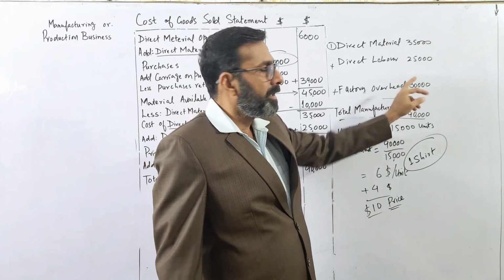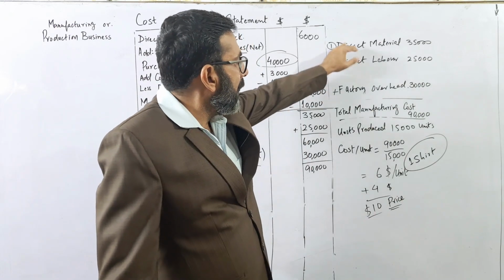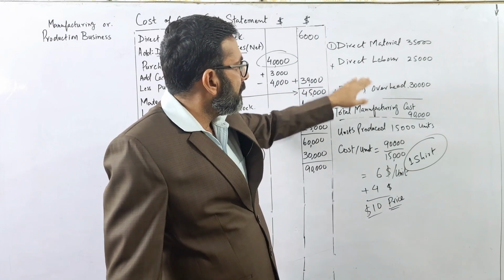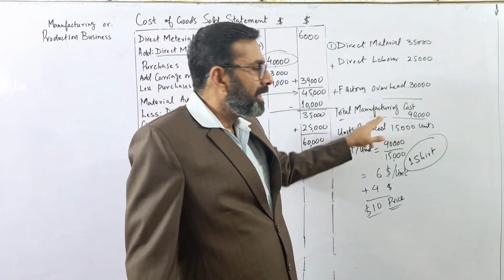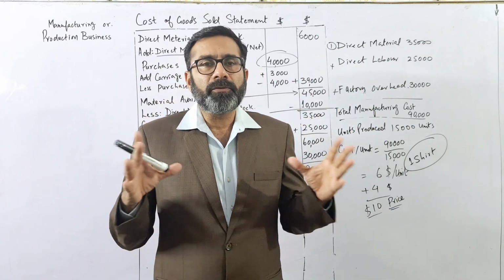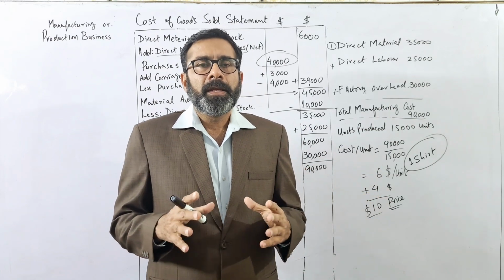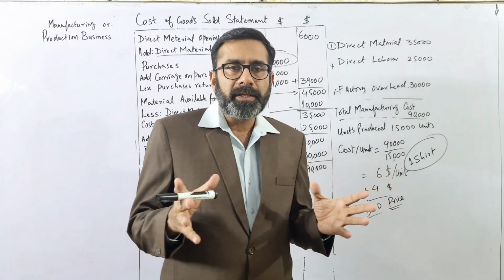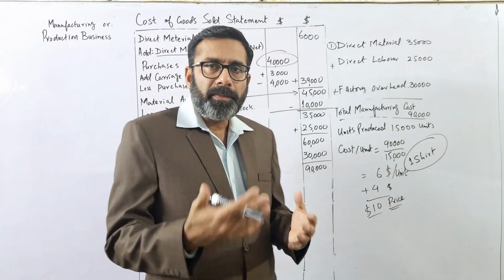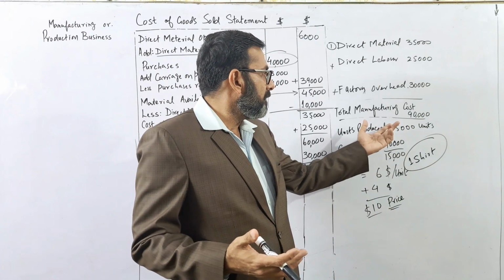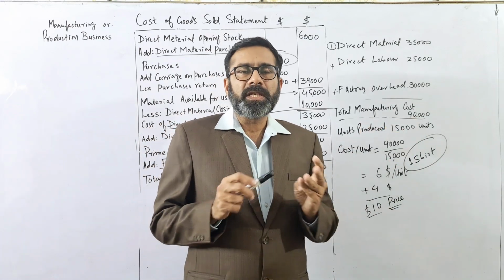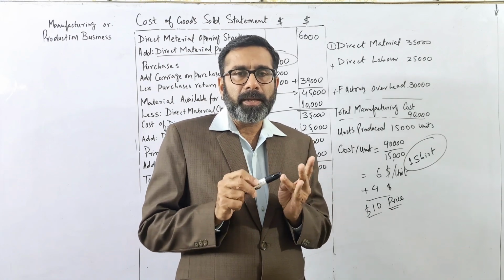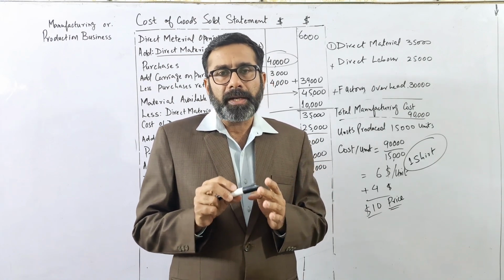Then the factory overhead cost is 30,000. If we add the three items, the direct material, direct labor and the factory overhead, we get the total manufacturing cost. To produce these units in the manufacturing concern, the cost they have borne is 90,000, which includes the three basic cost elements: the direct material cost, the direct labor cost, and the factory overhead cost.